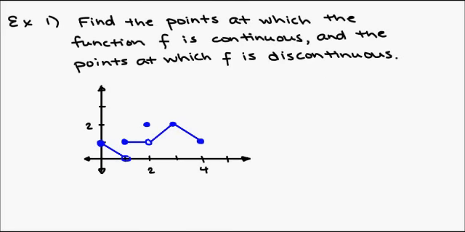Example 1, find the points at which the function f is continuous and the points at which f is discontinuous. I can just look at this graph and you can see that you would not be able to draw this without lifting your pencil. There's multiple parts and it just would not be possible. So the entire thing is definitely not continuous.